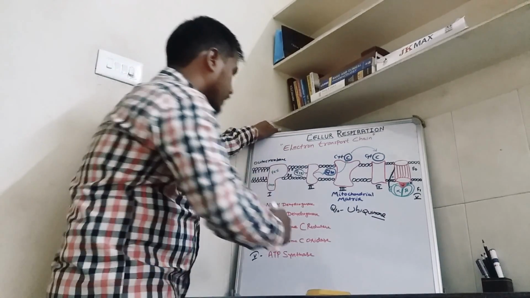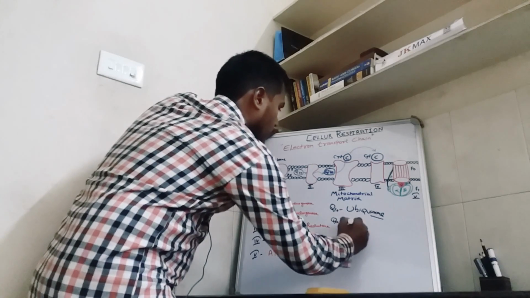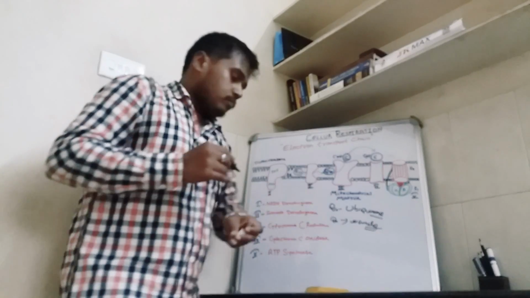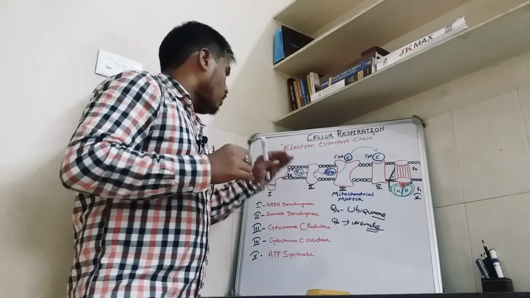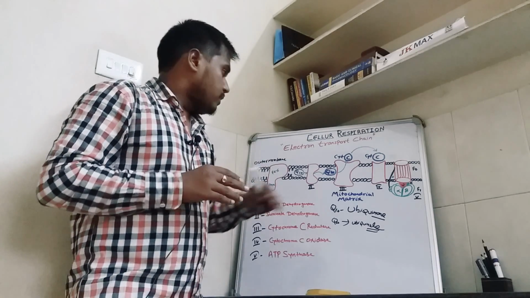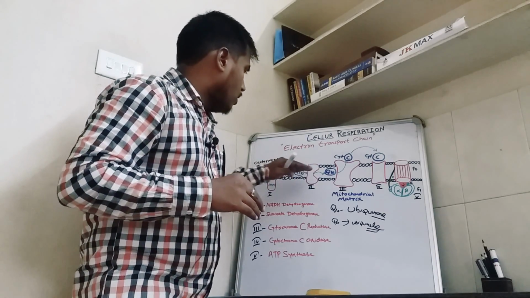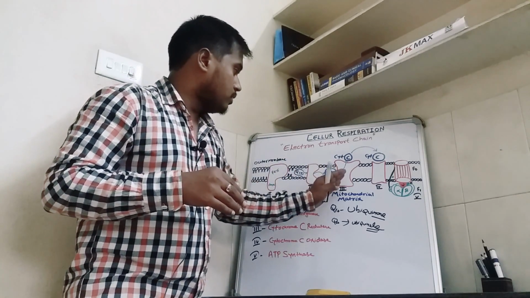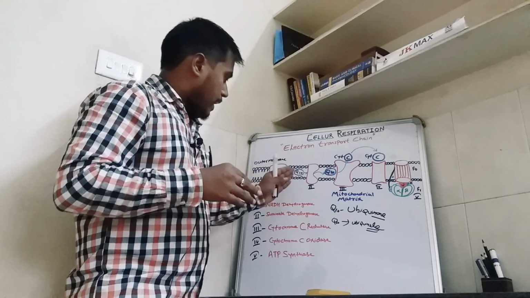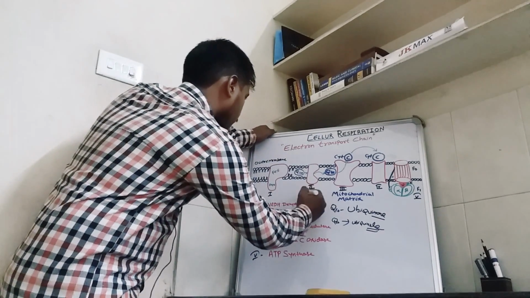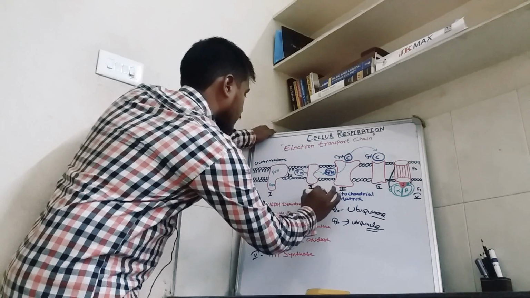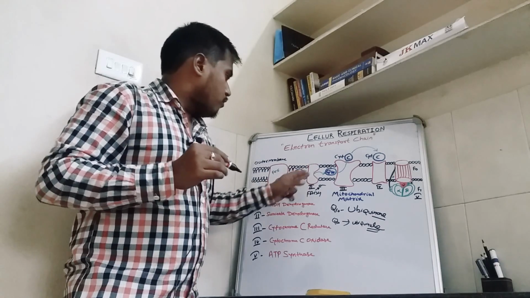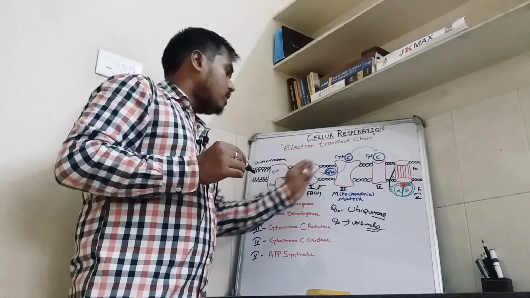But when it accepts an electron, it is called ubiquinol. So it accepts the electron and passes it within the membrane to complex 3. If in the second complex FADH releases electrons, again it will carry electrons from complex 2 and pass them to complex 3.